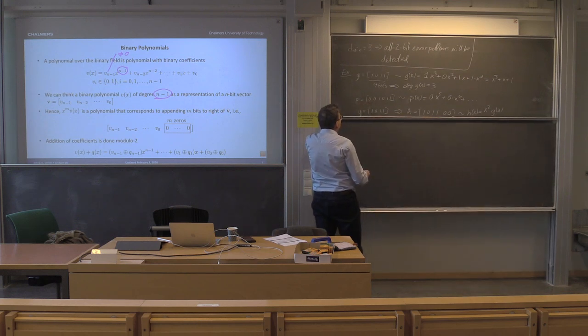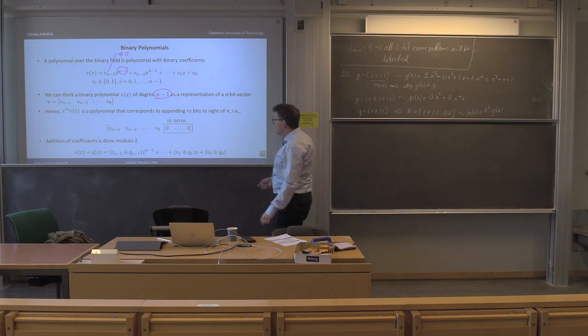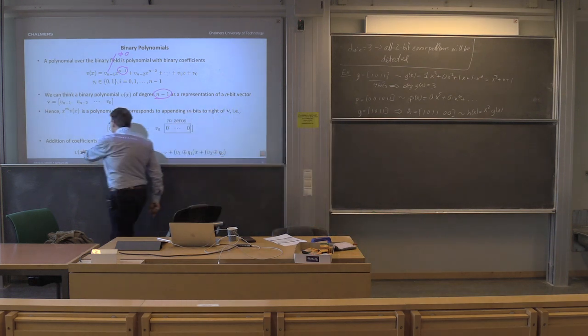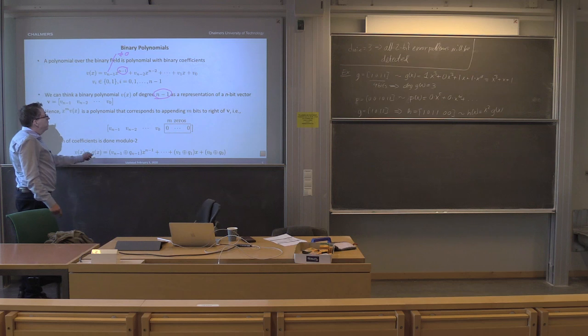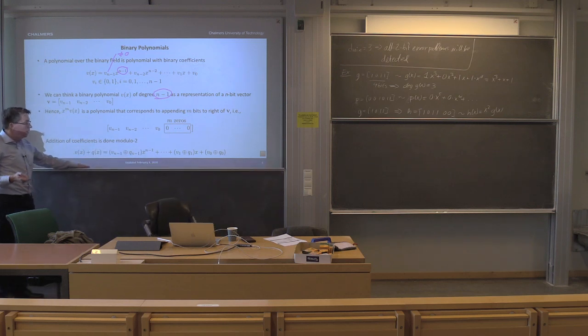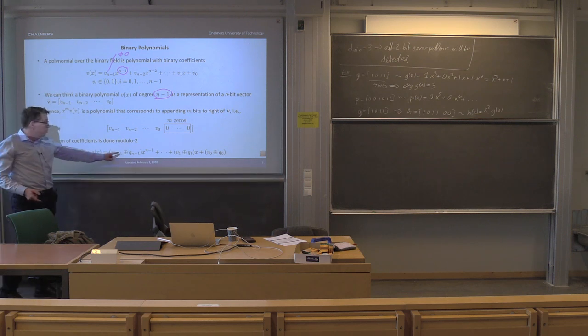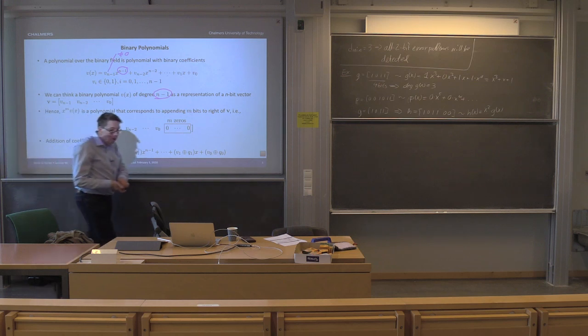So if we take, let's just do this, v plus q, then we take the corresponding coefficients in front of the nth power of x, and we just add them, but there is a modulo 2 here. So don't forget that.